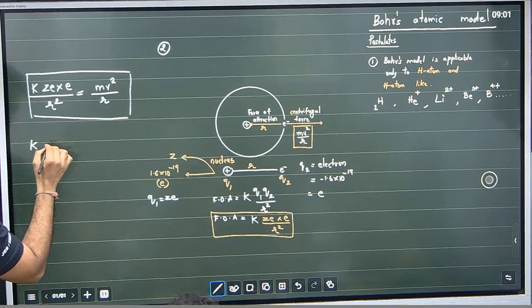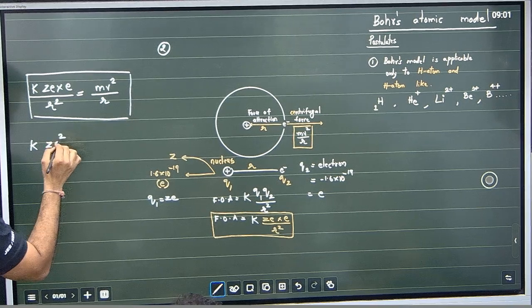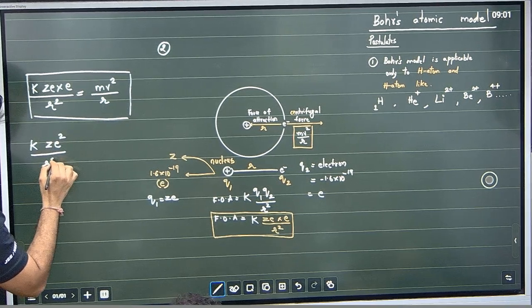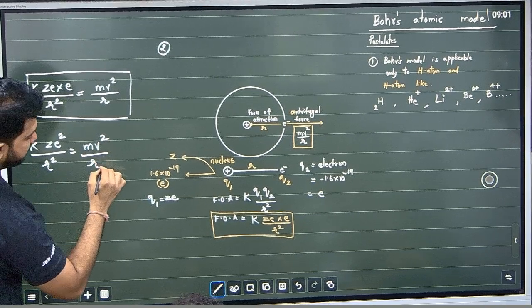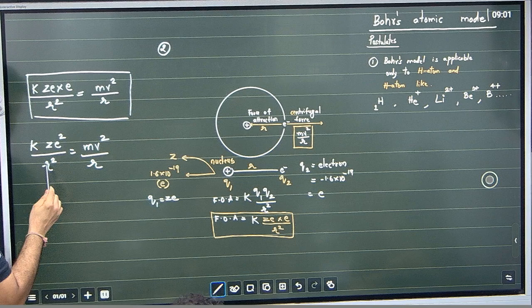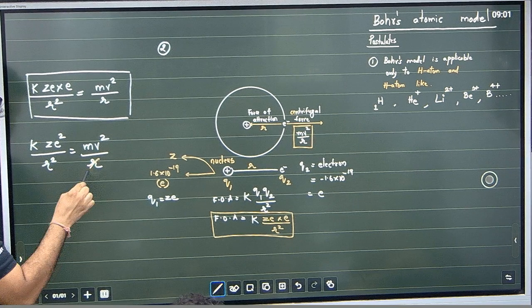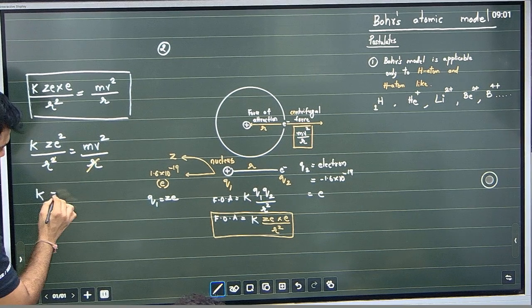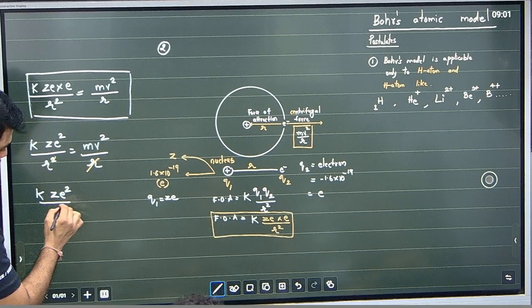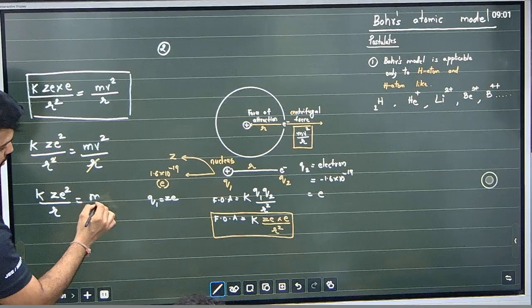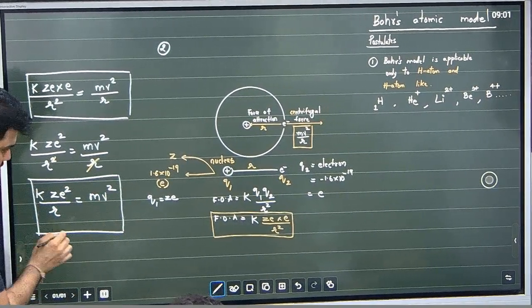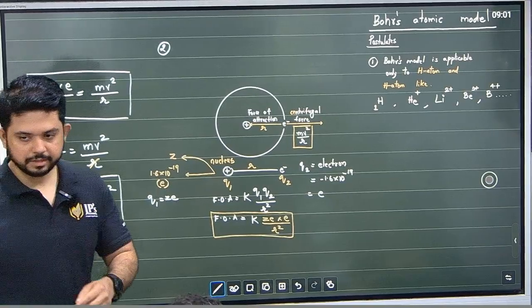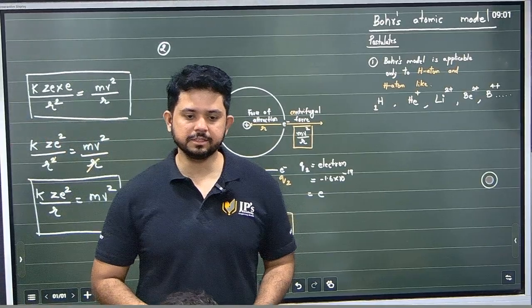There's an r here, there's r square, so we get K Z E square upon r is equal to mv squared. We need this to calculate radius and velocity.